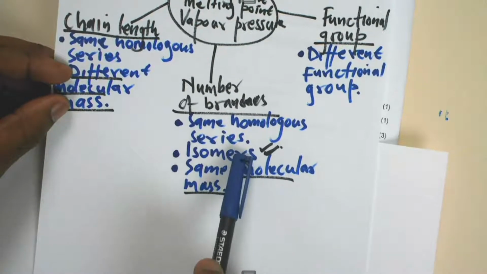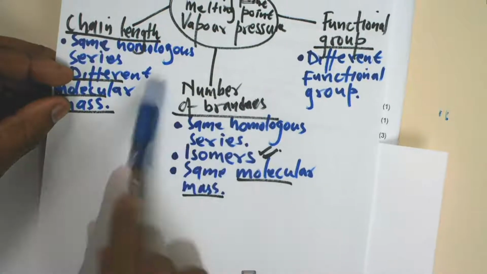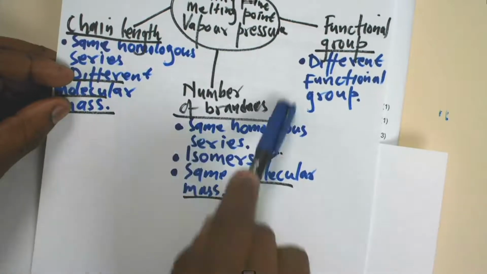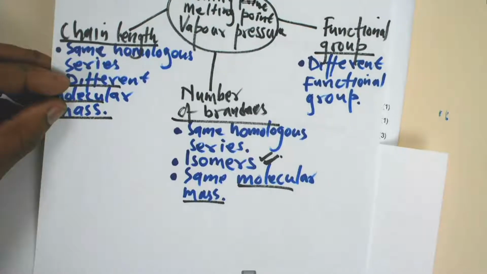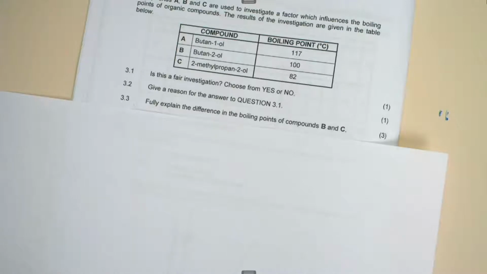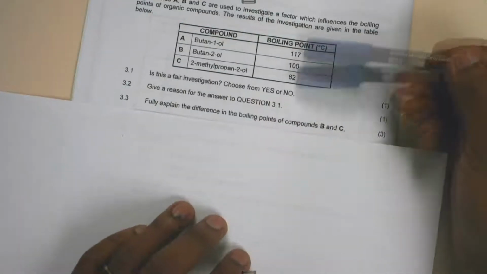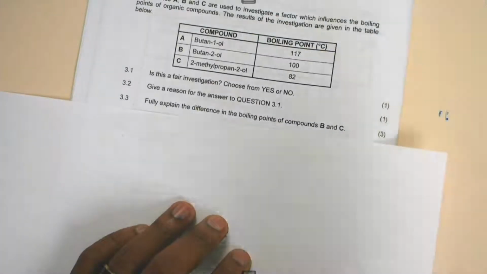So what is it that the examiner is asking me? The examiner is asking me to say something about the number of branches, or how the number of branches influences or affects the boiling point thereof. So that is the approach that we should be working on when we try to answer this.